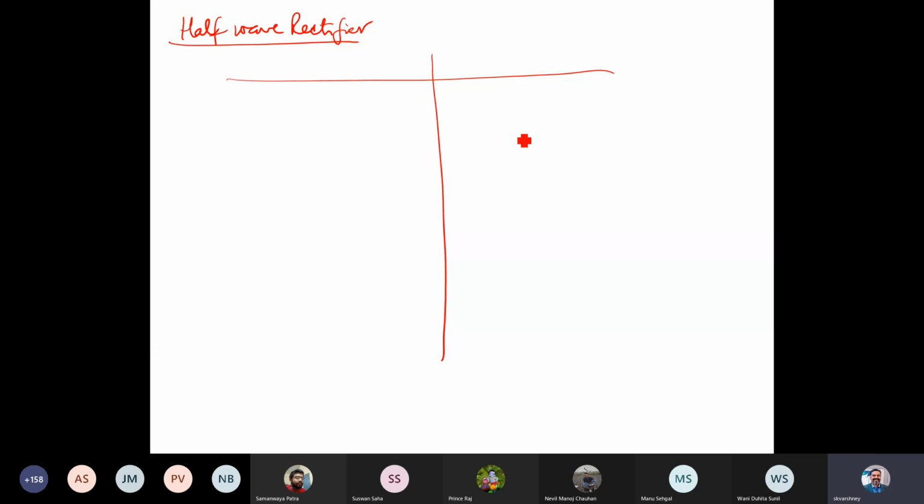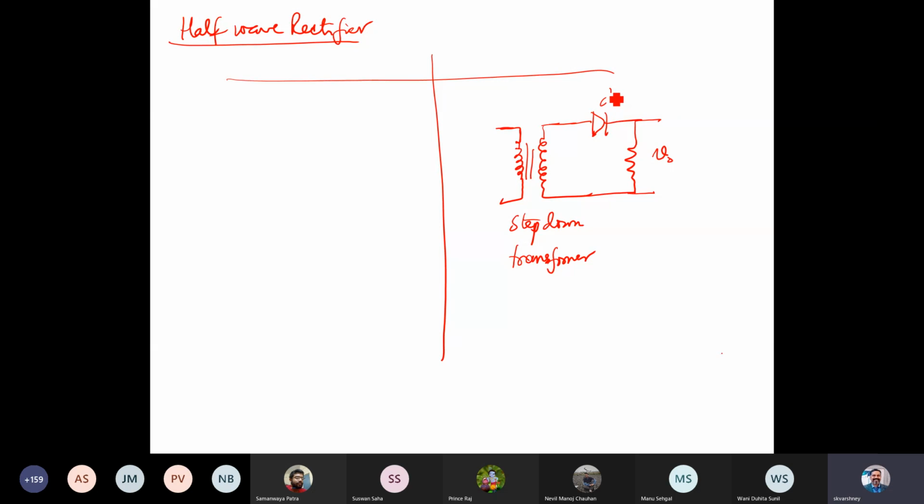It has a step down transformer, and this is the diode.